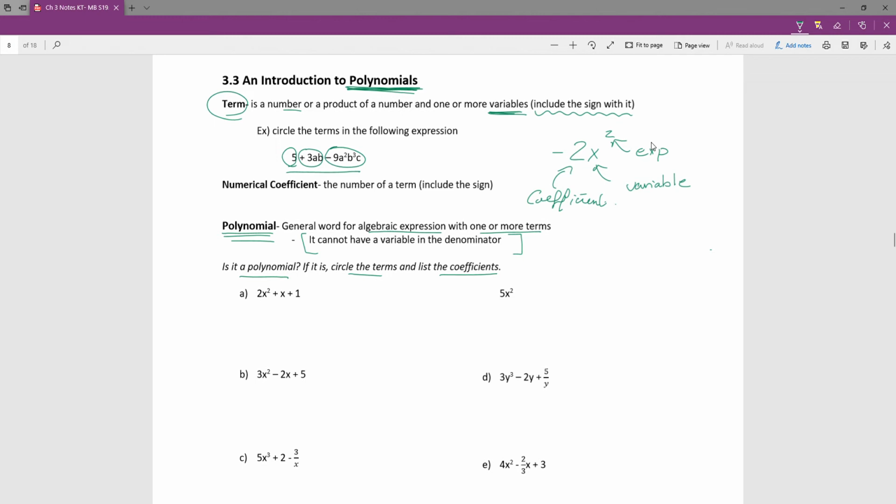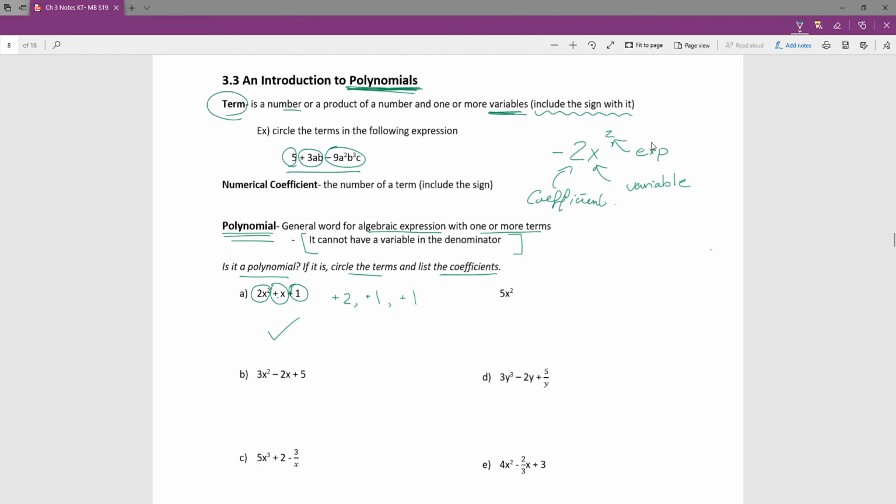And so A off the top here, it is a polynomial, it's an expression, and it's made up of three different terms. And we've already practiced circling terms even in other chapters. And the sign goes with the term, and the sign also goes with that coefficient. So if I listed the coefficients of this polynomial, it'd be a positive 2, a positive 1, because that's what the coefficient on that x is there, and a positive 1.